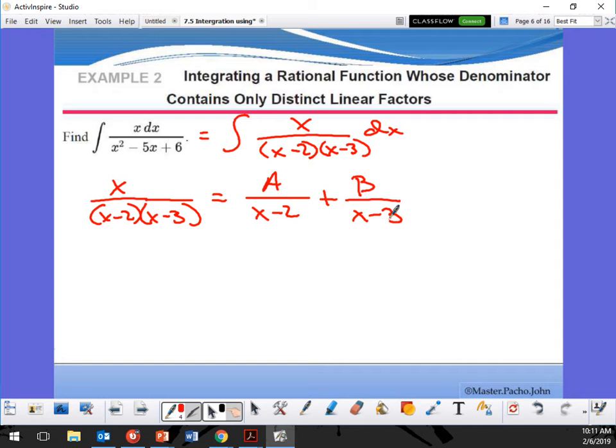So I'm going to rewrite this by multiplying out the common denominator. So it's going to be x equals a quantity x minus 3 plus b quantity. This one is missing an x minus 2, isn't it? Yeah. Okay. x minus 2.